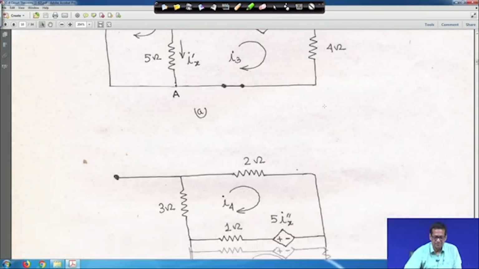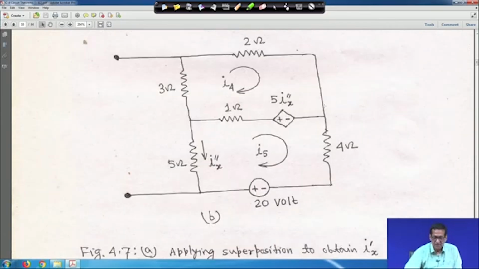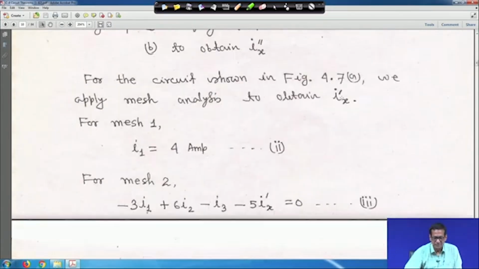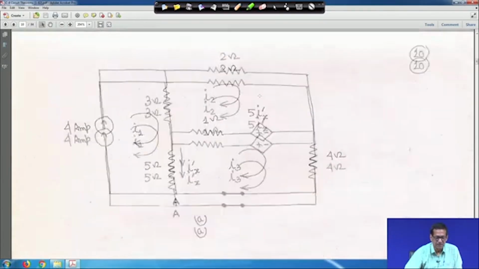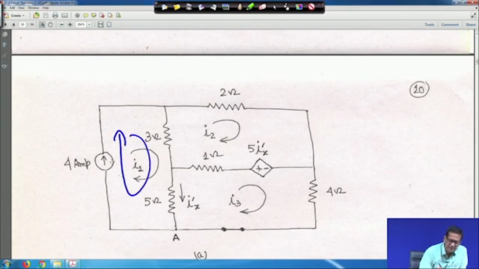Similarly, for this mesh one, I1 is equal to 4 ampere, because you are moving in the upward direction of the 4 ampere source. So I1 is equal to 4 ampere.